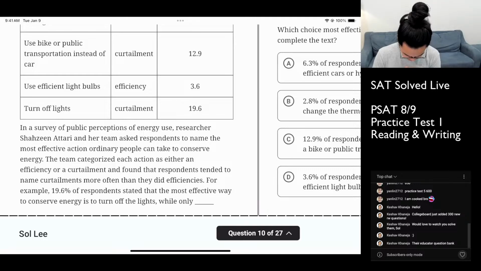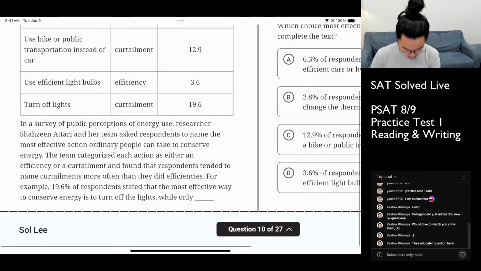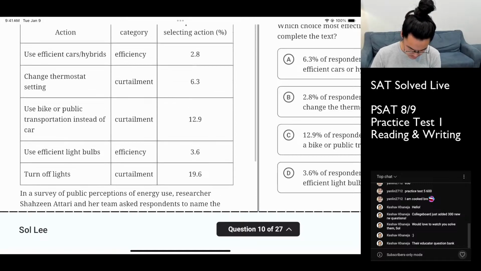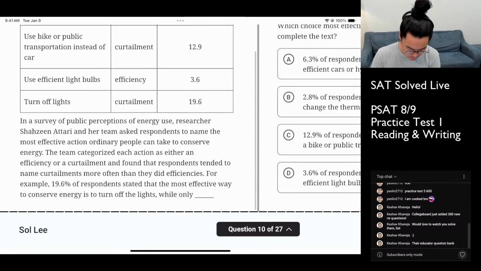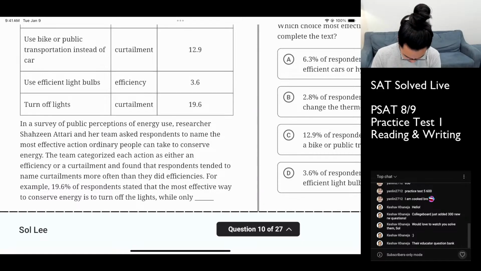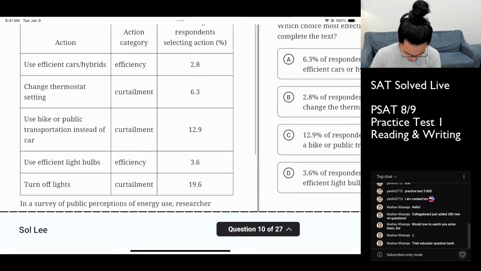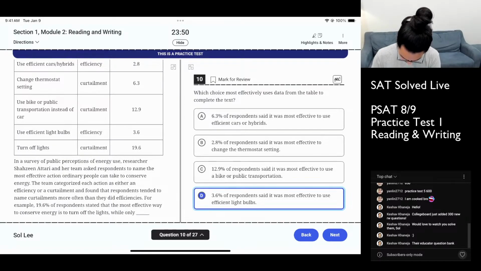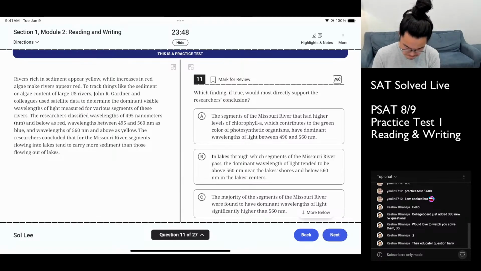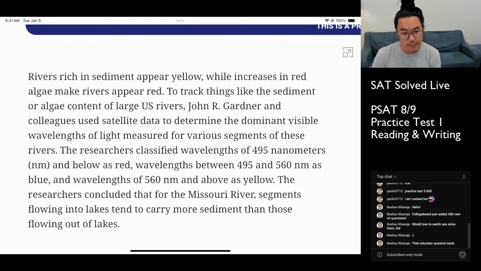Curtailment or an efficiency. Okay. I see. Curtailment are actions that you can take, and yeah, they had higher ratings. While only 3.6 said light bulbs. Only 3.6 said light bulbs. Yep. Perfect prediction. Moving on. I'm not even going to look at ABC.